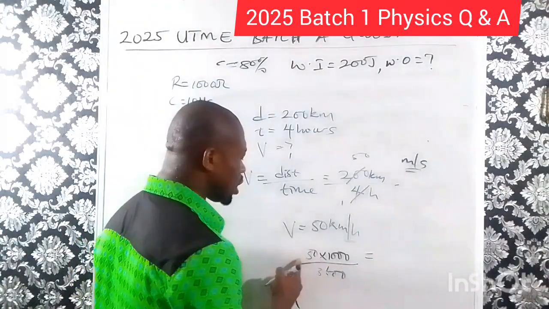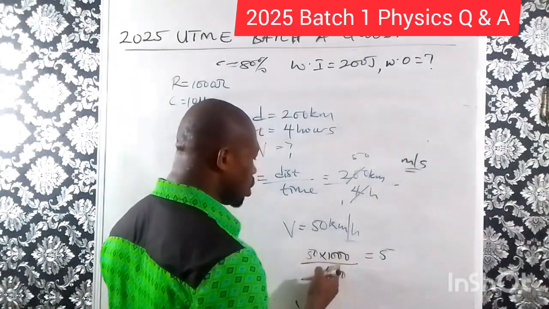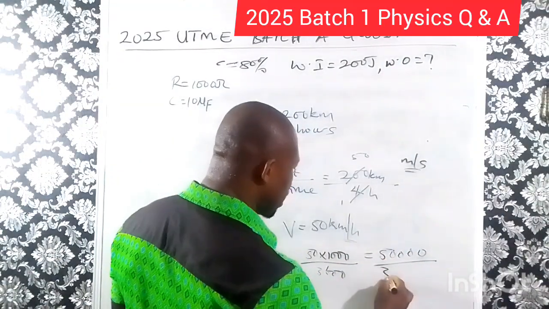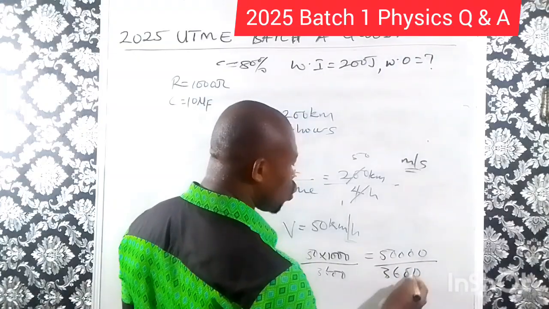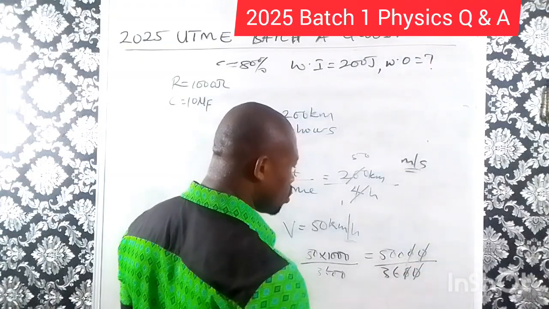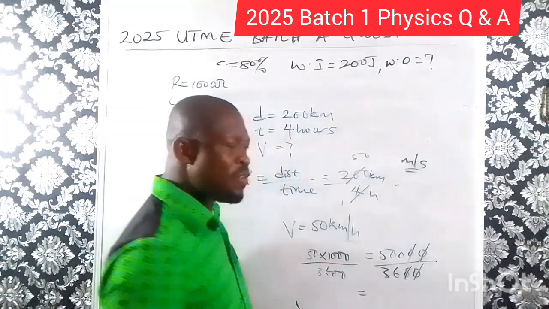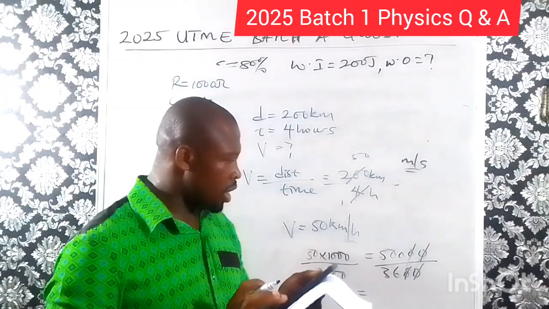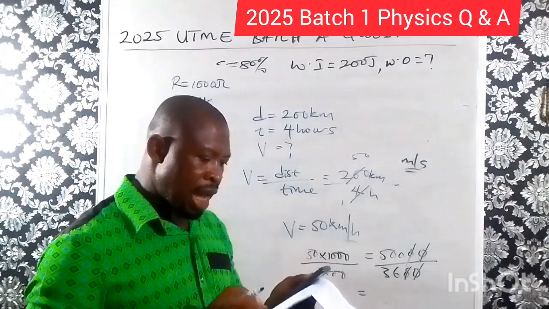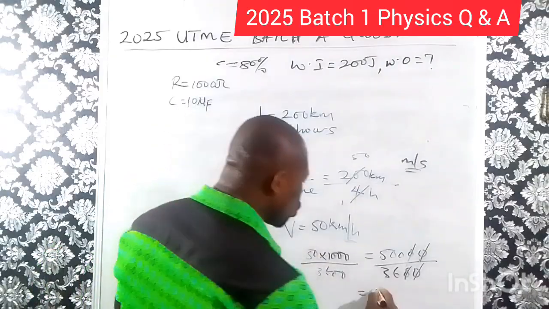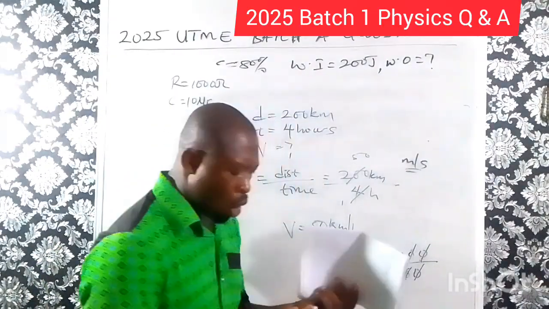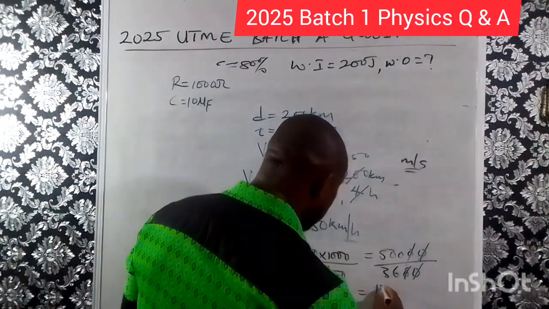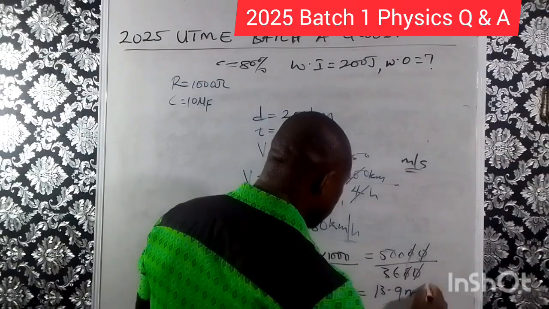So we have 50,000 over 3,600. At this point, we can divide, and we now have 500 divided by 36, which gives 13.9 meters per second.